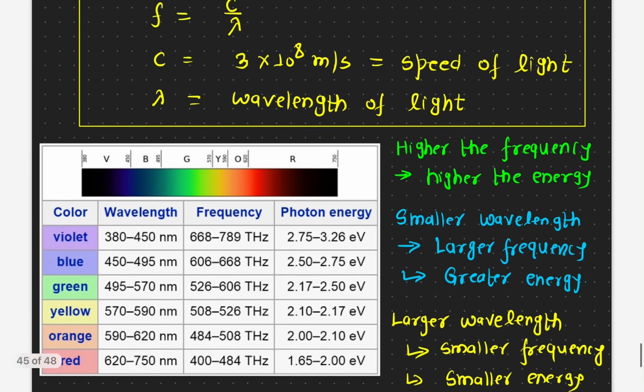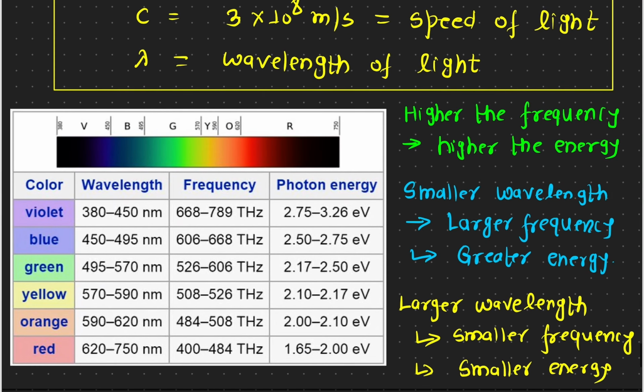So here is the electromagnetic spectrum. This is just for visible light. If you look at the different colors, violet, blue, green, yellow, violet has the smallest wavelength range, and red has a higher one.